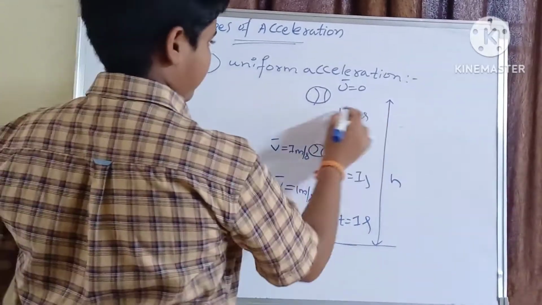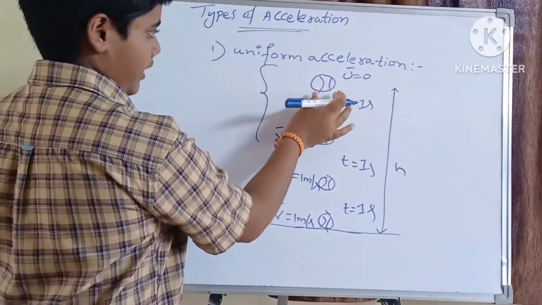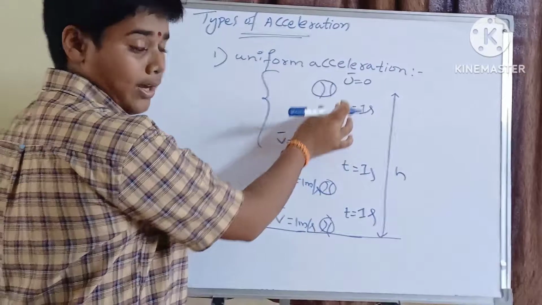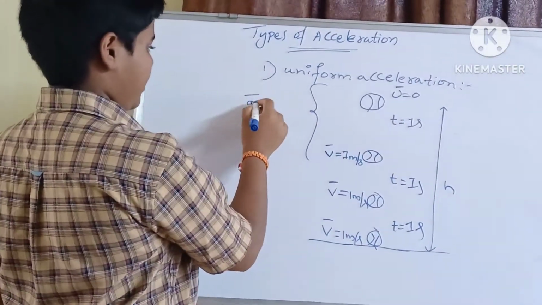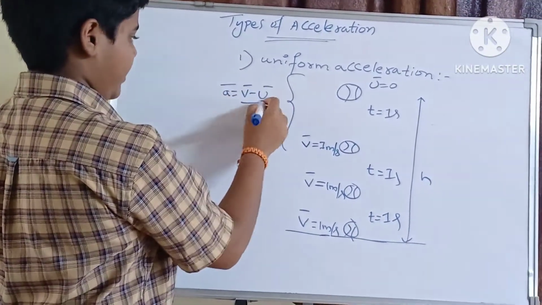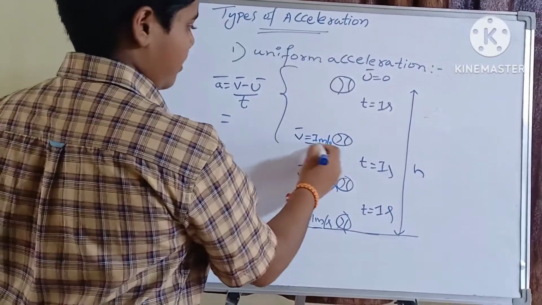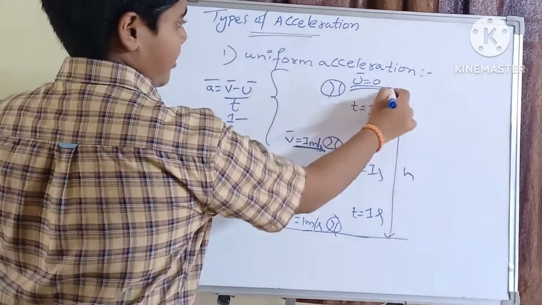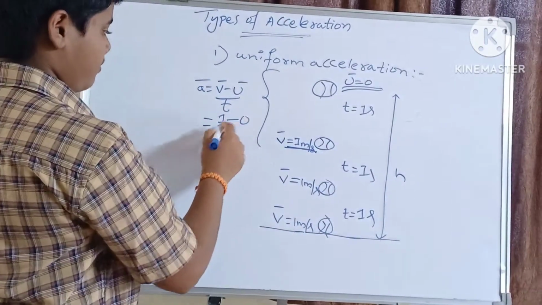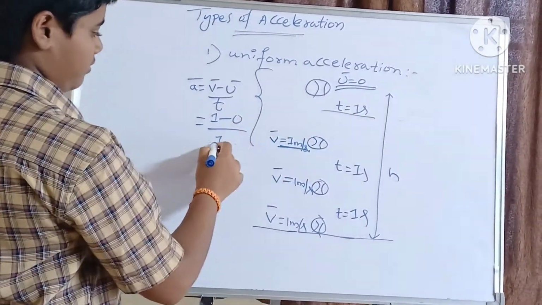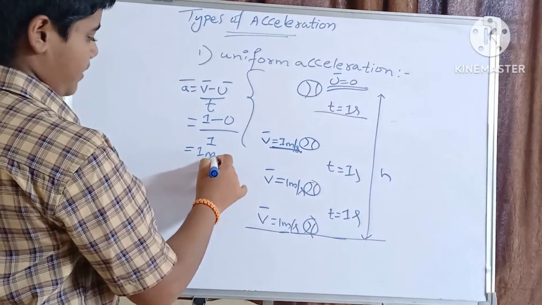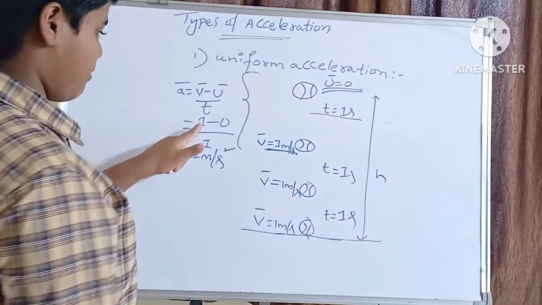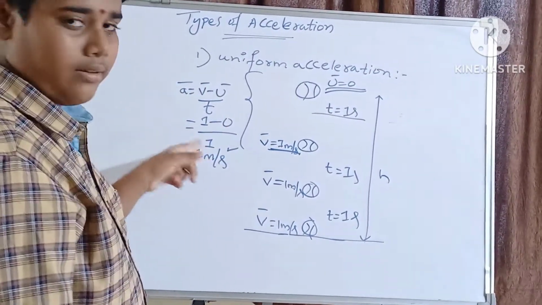So the acceleration a bar is v bar minus u bar by t. Final velocity 1 meter per second minus initial velocity 0, by time 1. So 1 meter per second square is the answer.